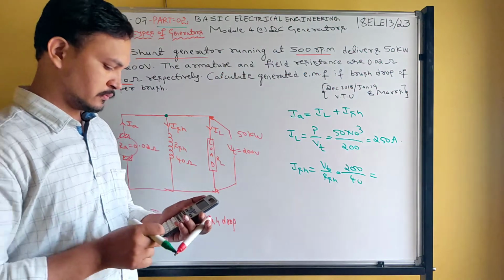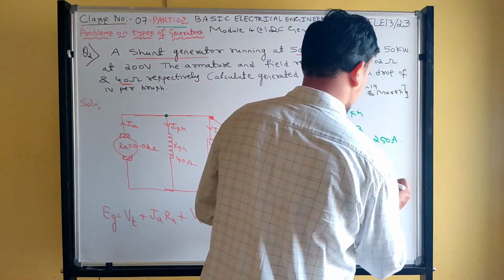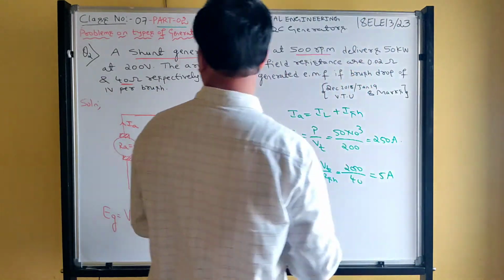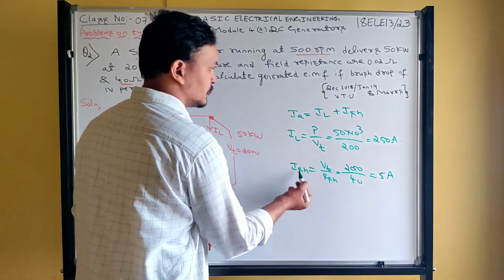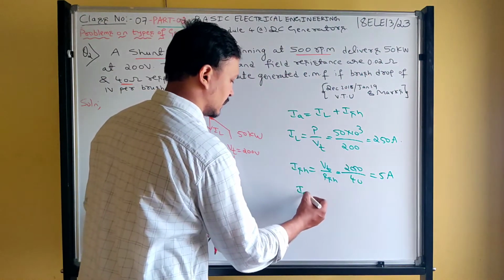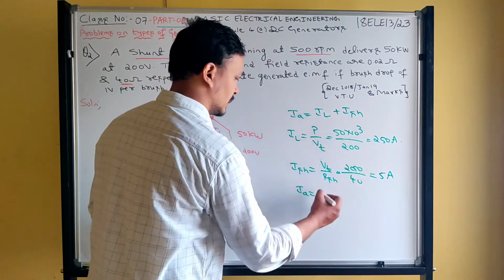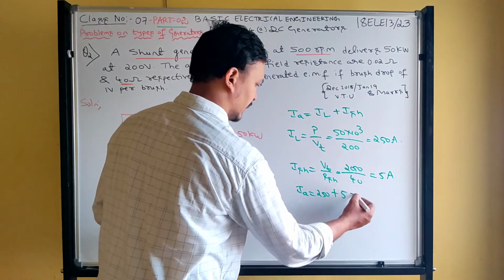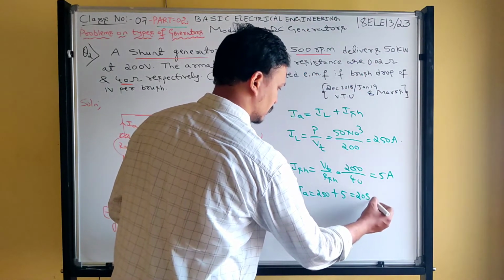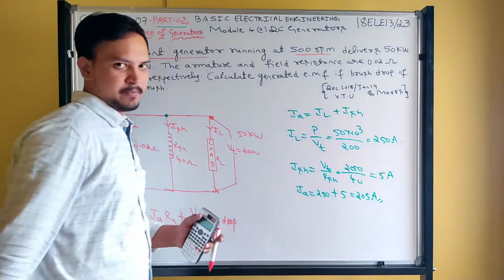Very good, 5 ampere. Now add these two currents. The armature current is equal to the load current, 250, plus the shunt field current, 5. So the final answer is 205 ampere.